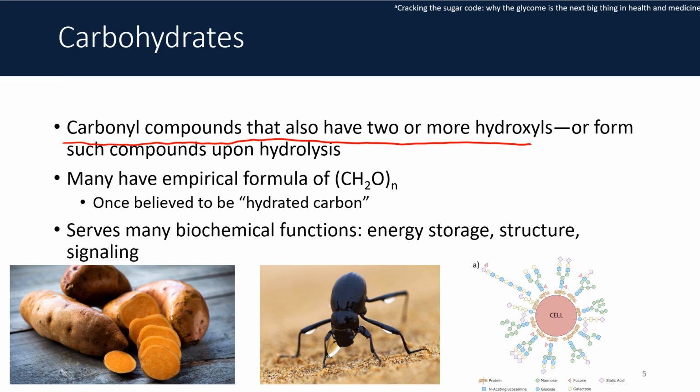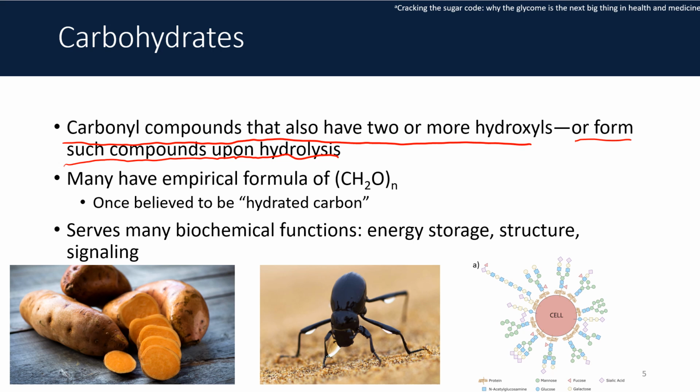And here's an important corollary, or compounds that would form carbonyl compounds with many hydroxyls upon hydrolysis. That stipulation is going to make sense once we take a look at more complex sugars like disaccharides or starches.